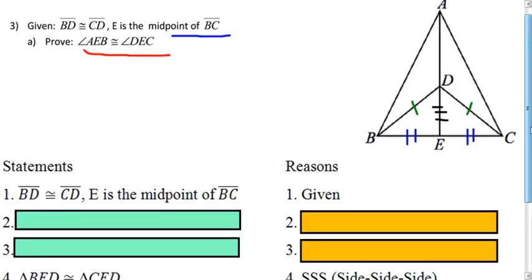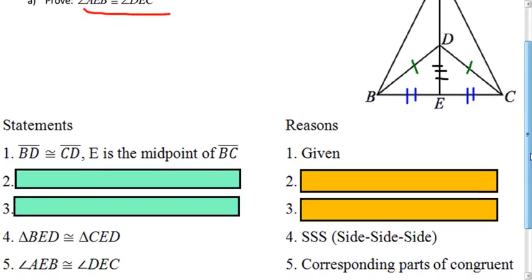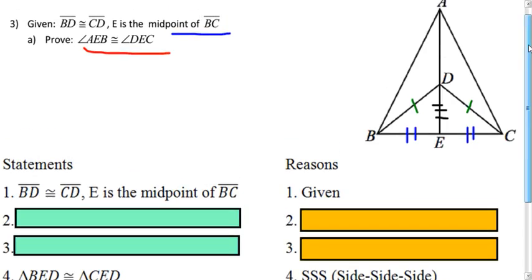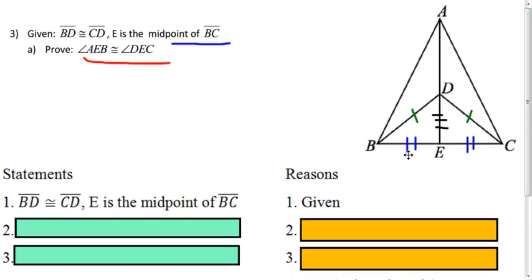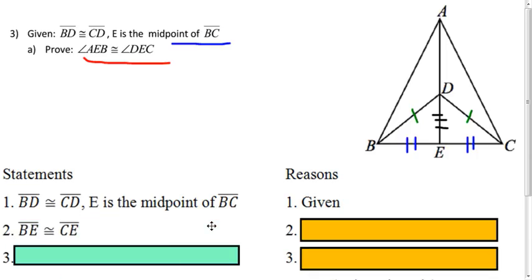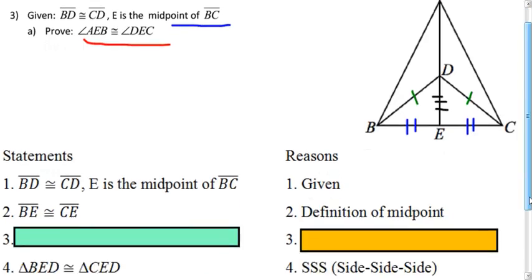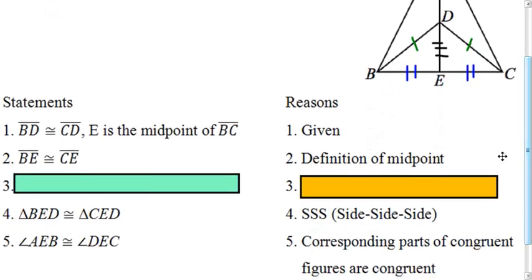Okay, so now we have to go through the steps in the other direction to get there. So let's work with segment BC first. What can we say there since we have a midpoint? We can say that segment BE is congruent to segment CE by the definition of midpoint. So that gets us our second pair of sides. And our last pair comes from the reflexive property.